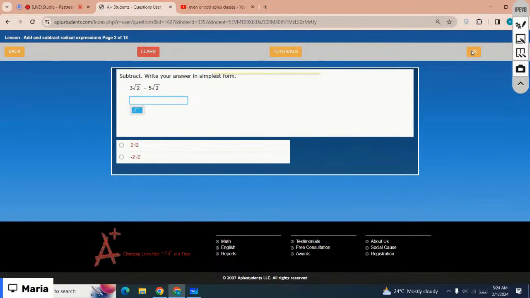Okay, the next one is subtract 3 square root 2 minus 5 square root 2, which is the correct option.